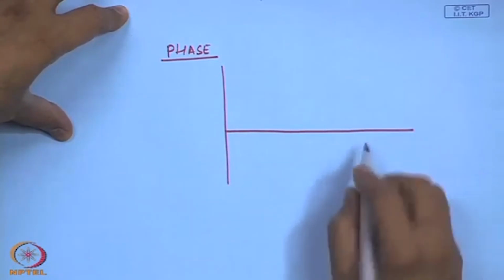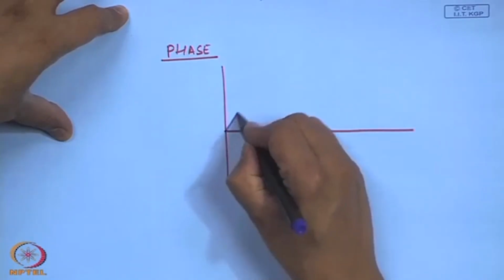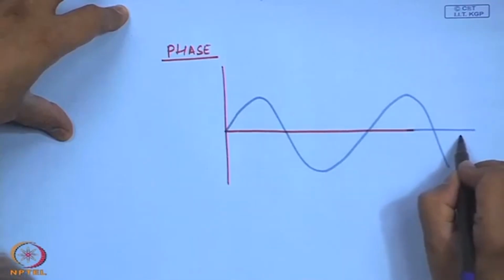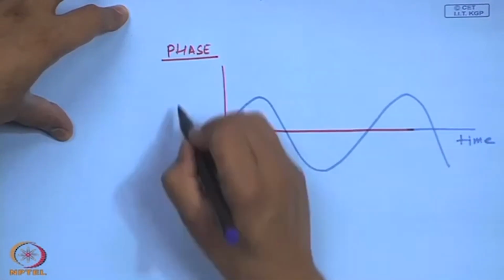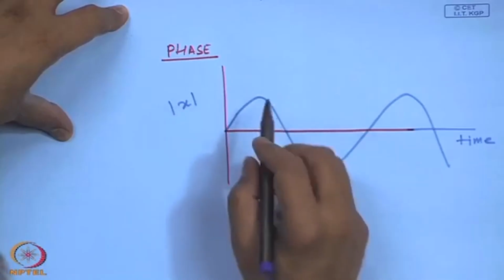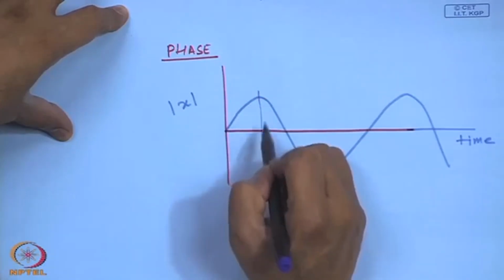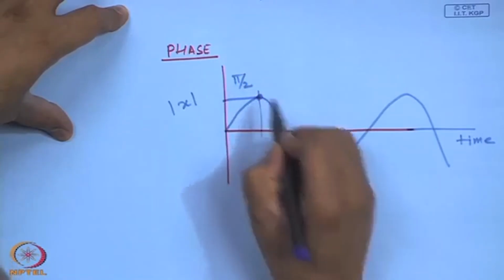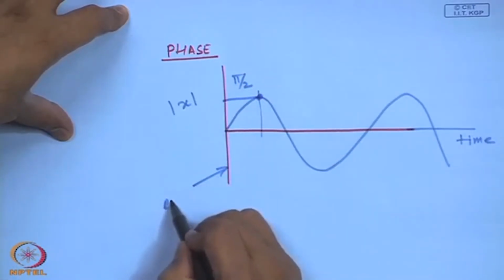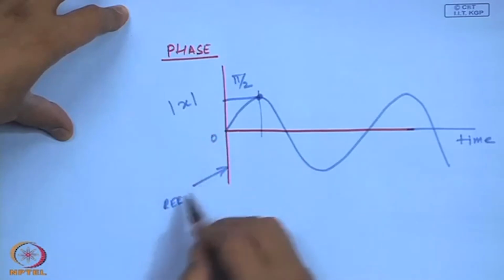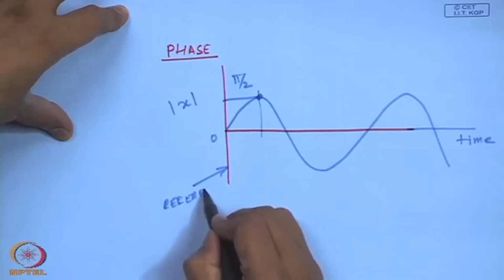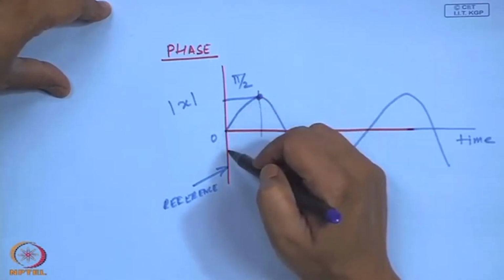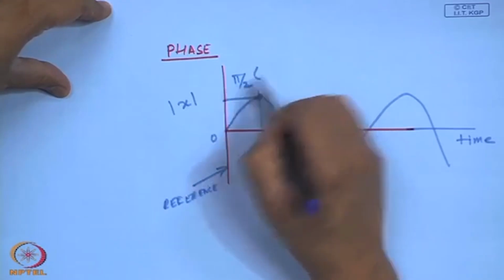If I was to define phase, if this is my signal x, and this is pi by 2, this is my reference. The first occurrence of a maximum amplitude from the reference plane is the phase.